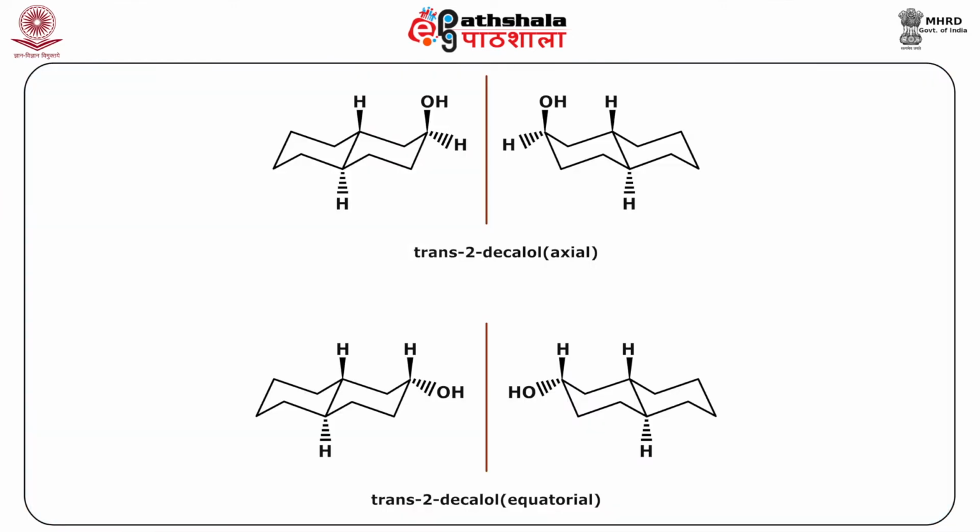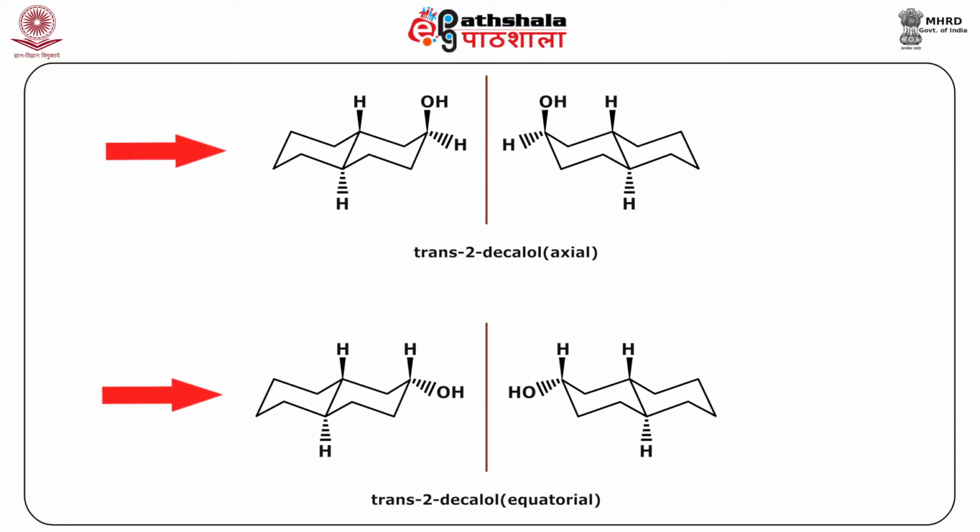It can exist as cis and trans decalol, and each isomer can have the hydroxyl group either at axial or equatorial positions. As we know, the trans decalin is conformationally locked. That means it cannot undergo ring flipping. It is not possible to interconvert the axially substituted hydroxyl to the equatorially substituted hydroxyl. Consequently, both would exist as diastereomers.